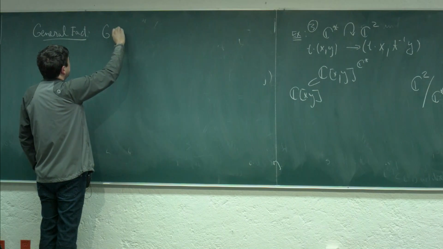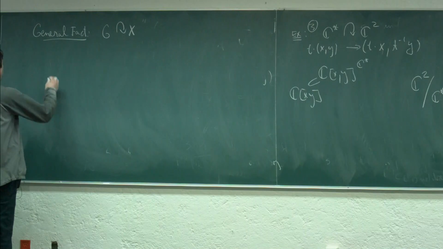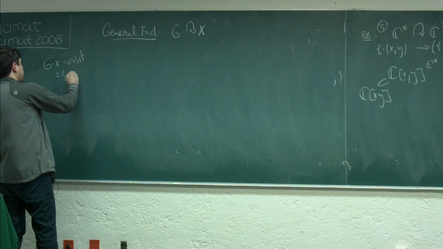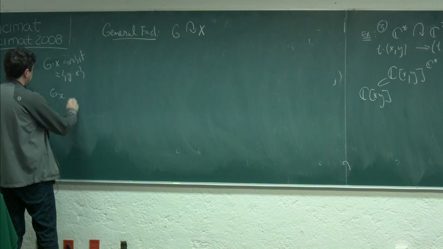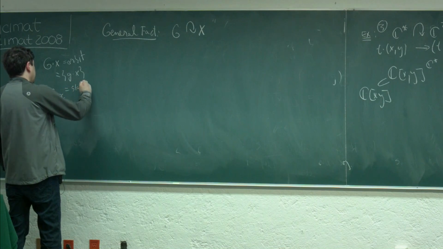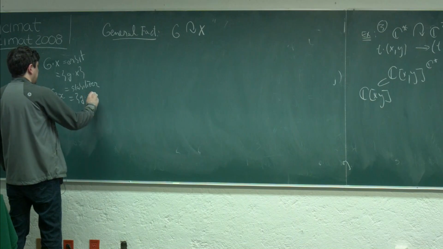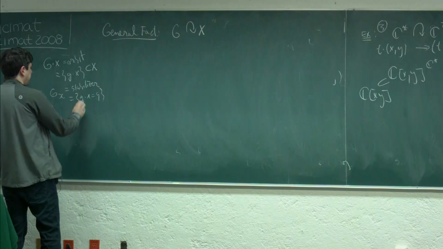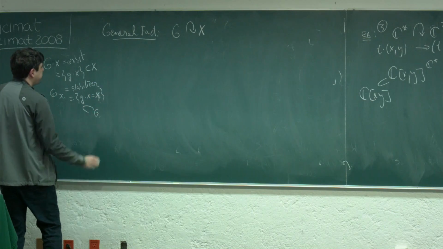Say G acting on X. I'll denote G dot x the orbit. This is just the set of points g times x. And G_x is the stabilizer, the set of g such that g dot x equals x. Of course, the orbit lives in X, and the stabilizer lives in G.